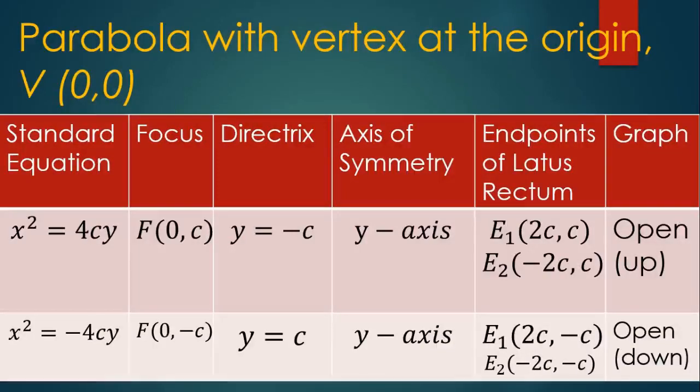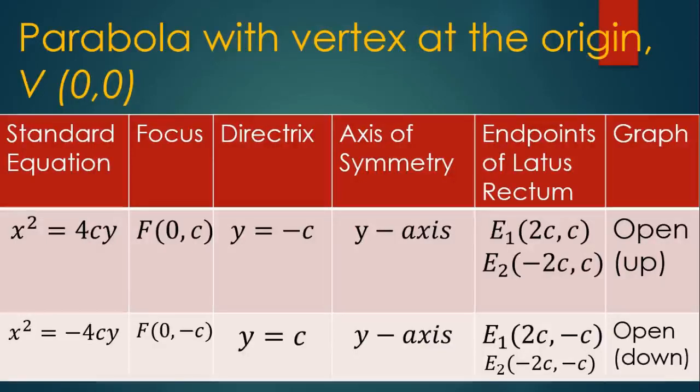Ito, mapapansin nyo, these two equations of the parabola in standard form, ang variable x ang quadratic, ang y natin ang linear. Okay? Yan o, x squared, y, first degree. So ito, ang pagkakaiba nun sa kauna, yung first two equations of the parabola with vertex at the origin, ang second degree doon, okay?